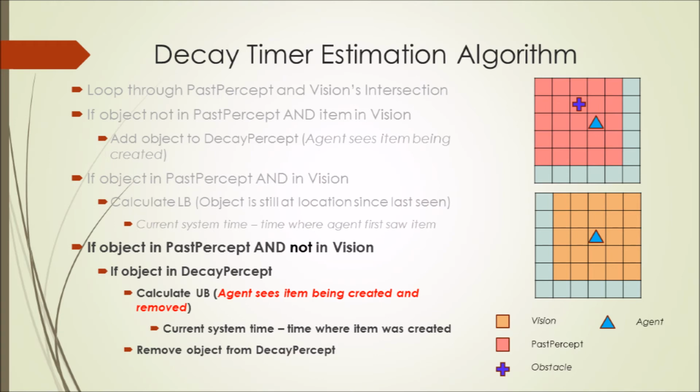Next, the agent checks if the object is in past percept but not in vision. After that, if the object is in decay percept, the upper boundary will be calculated by taking the difference of the current system time and the item creation time. The object is then removed from the decay percept.